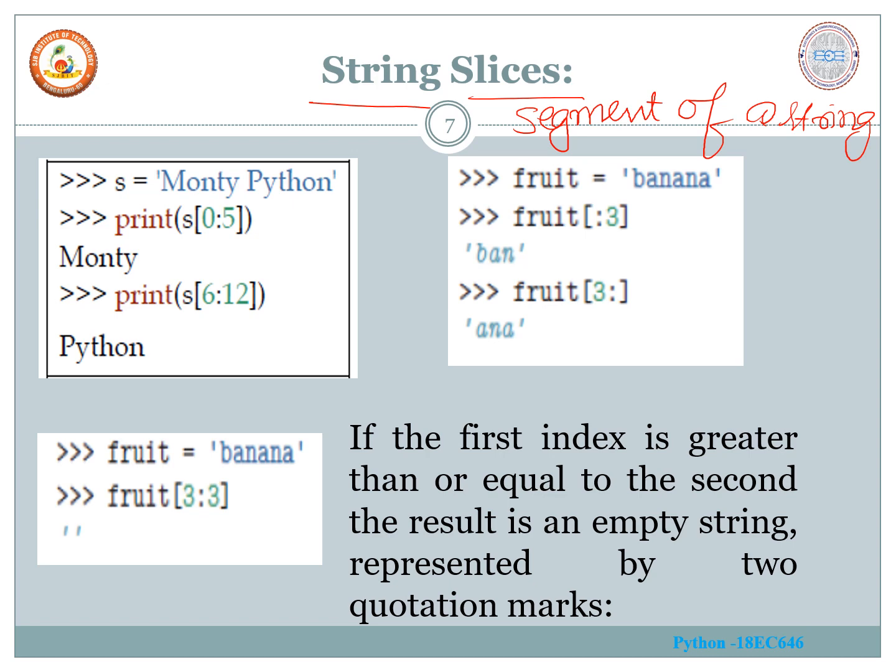Now when you are selecting a slice, it is almost similar to selecting a character. So consider this example. I have a variable s which is assigned with a string, Monty Python. After assigning, I am printing s in square brackets 0:5.